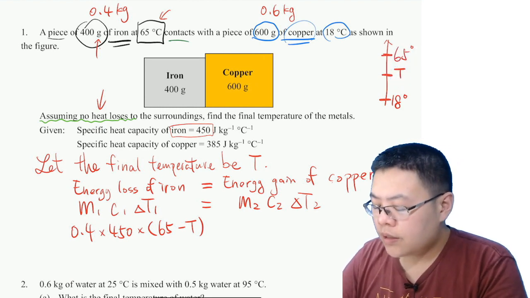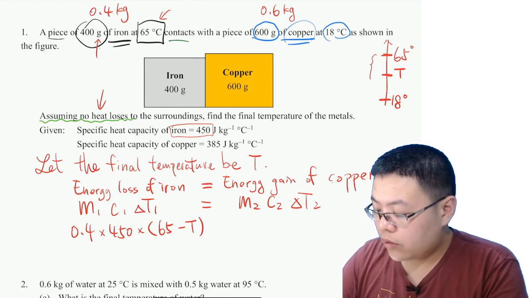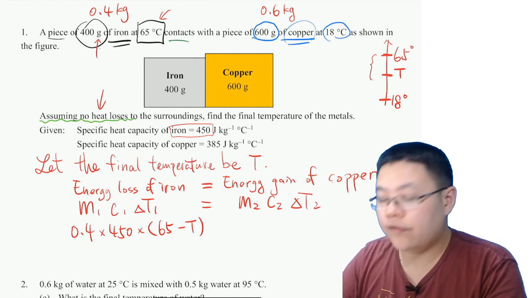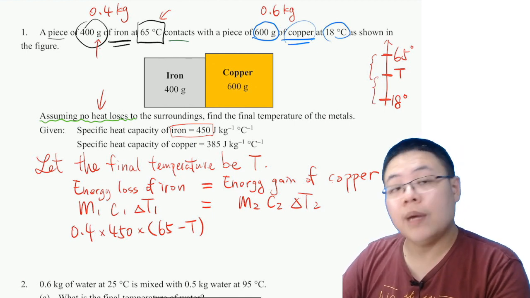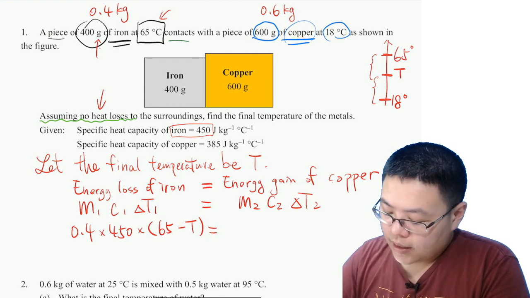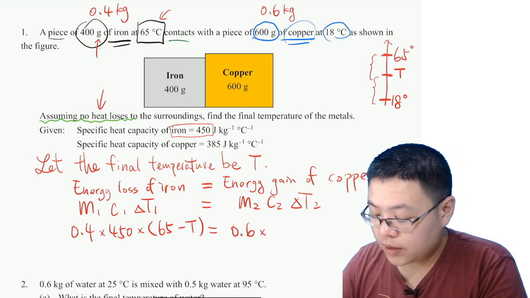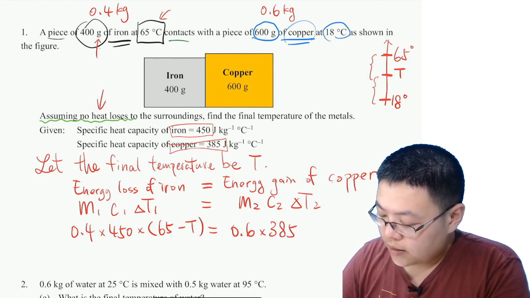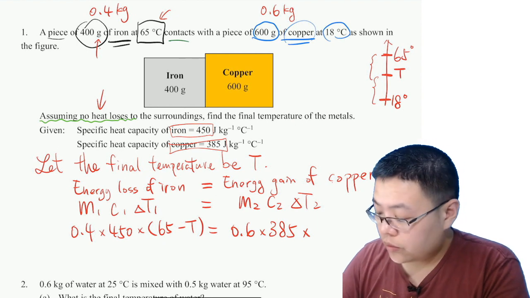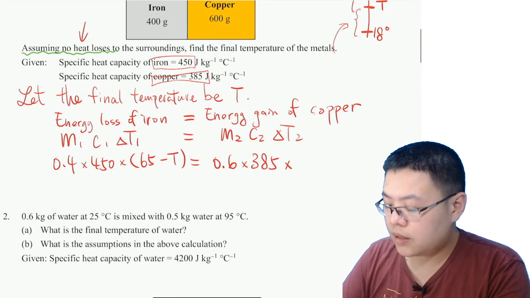You don't know that. And therefore, when we want a positive value, we use 65 minus T. So for the lower part, it is T minus 18. Okay, M2 is equal to 0.6. C2 is equal to copper, 385. Delta T2 is, as we just said, T minus 18.